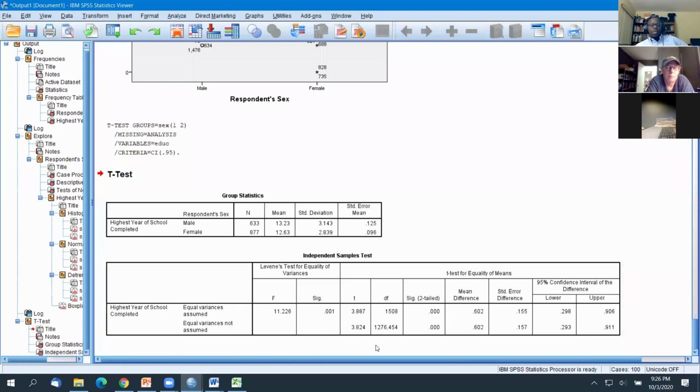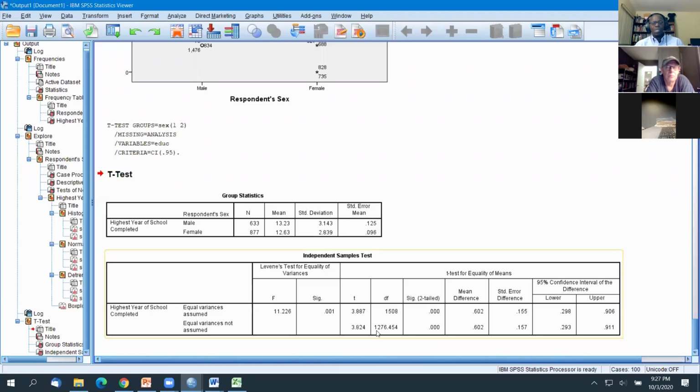Now, whenever you have 4 values to the left of the decimal point, you don't have to report the numbers after the decimal point, okay? Whenever you have 4 or more values to the left of the decimal, you don't have to write the other ones.